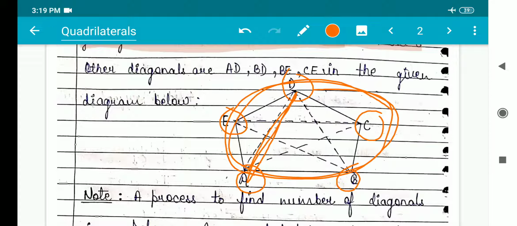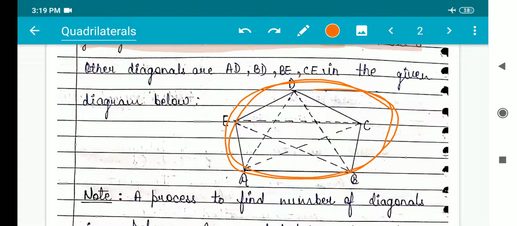If we connect A to B, then it will not be considered a diagonal. We can connect A with any non-consecutive vertex, like C, then also it is a diagonal.